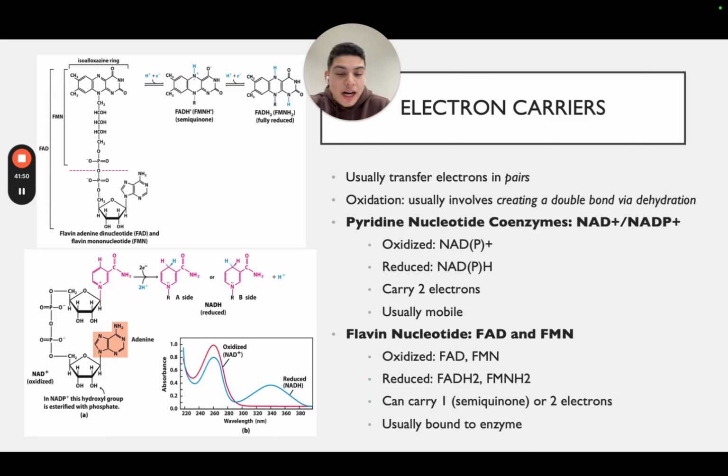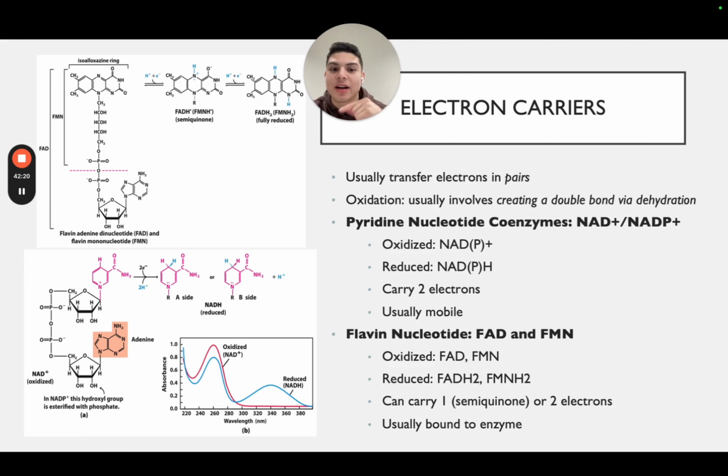And so we have oxidation, which usually involves creating a double bond via dehydration. For example, we have pyridine nucleotide coenzymes, which is just NAD plus, NADPH. The oxidized forms are where they have the pluses in the names, and then the reduced are H's. Remember, just like a general Gen Chem principle, and in orgo as well, when we're reducing, we're adding H's.